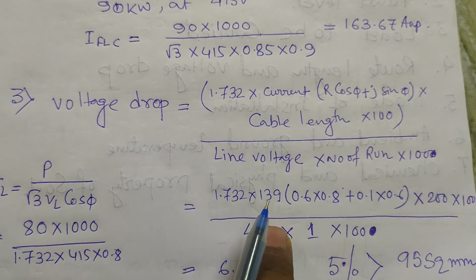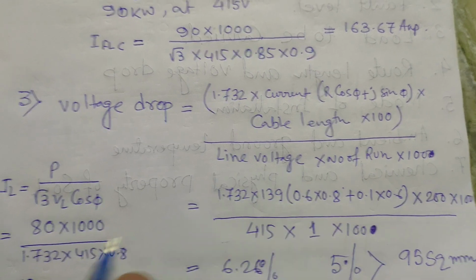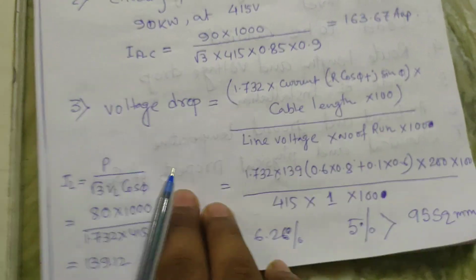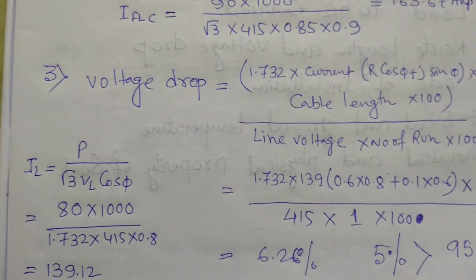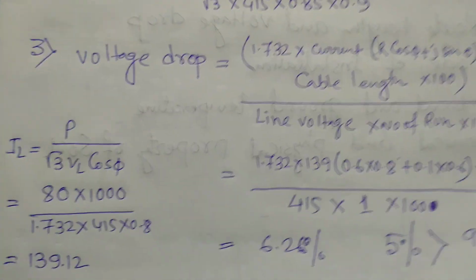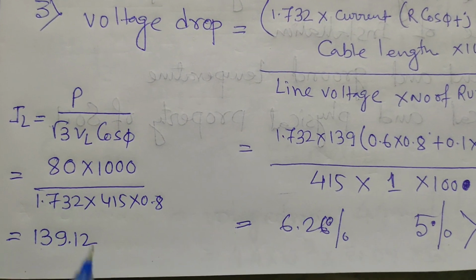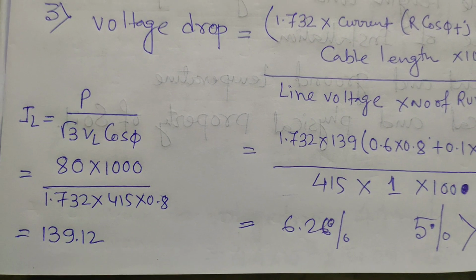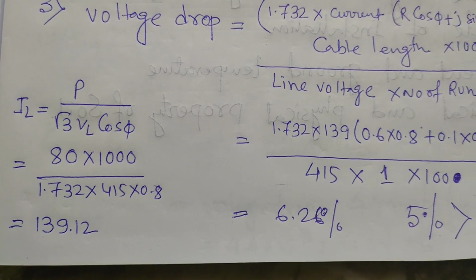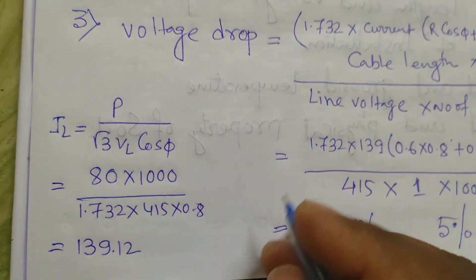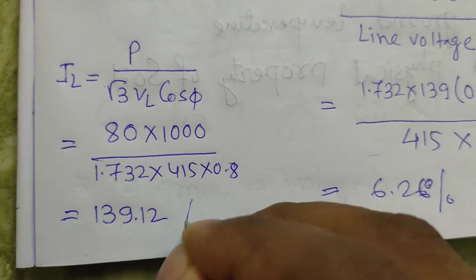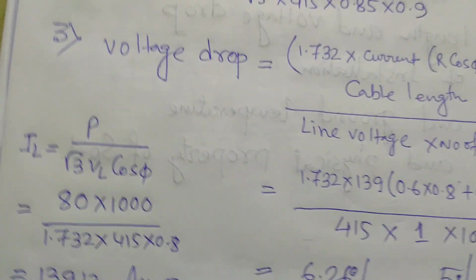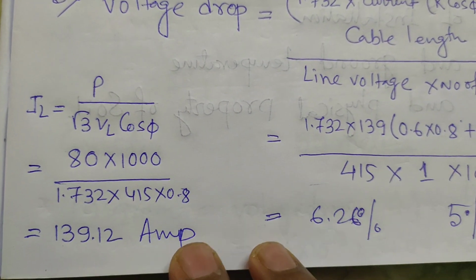So what is the current here? Suppose 80 kilowatt of power is flowing to an industrial load. Which full load current is flowing here? With the help of the formula and by putting in the cos phi power factor, we get 139.12 ampere of current flowing through this industrial load.